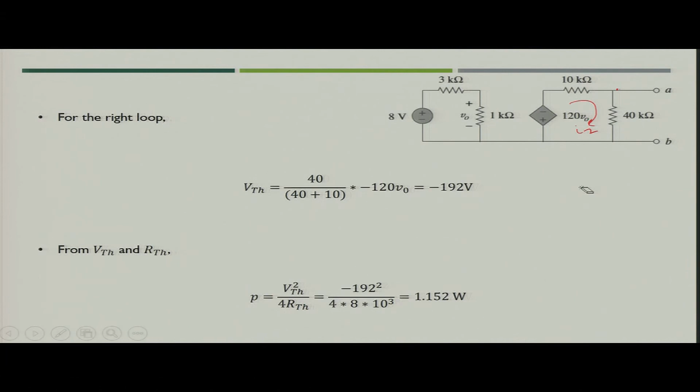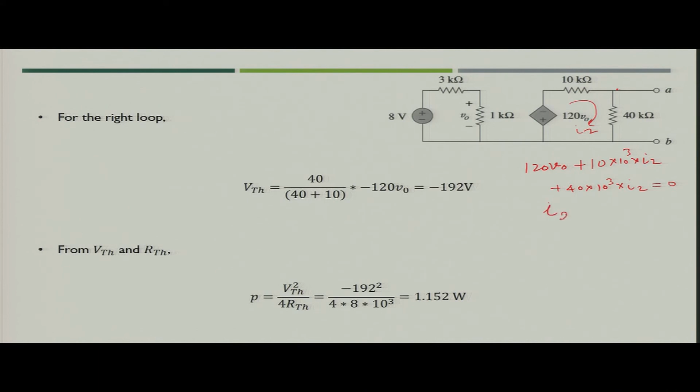If you start from here, that is 120 V naught plus 10 into 10 to the power 3 into I2 plus 40 into 10 to the power 3 into I2 is equal to 0.